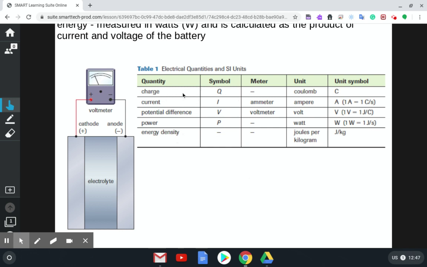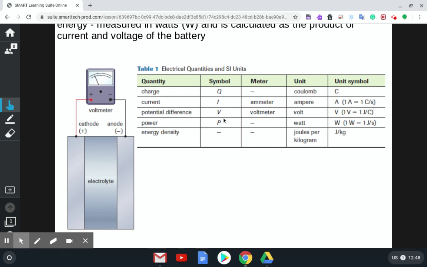Now some different quantities in SI units. The unit for charge is the coulomb, with symbol capital C; the quantity symbol is capital Q. The current symbol is I, measured with the ammeter, and the unit is the ampere, capital A. One amp is equal to one coulomb per second.